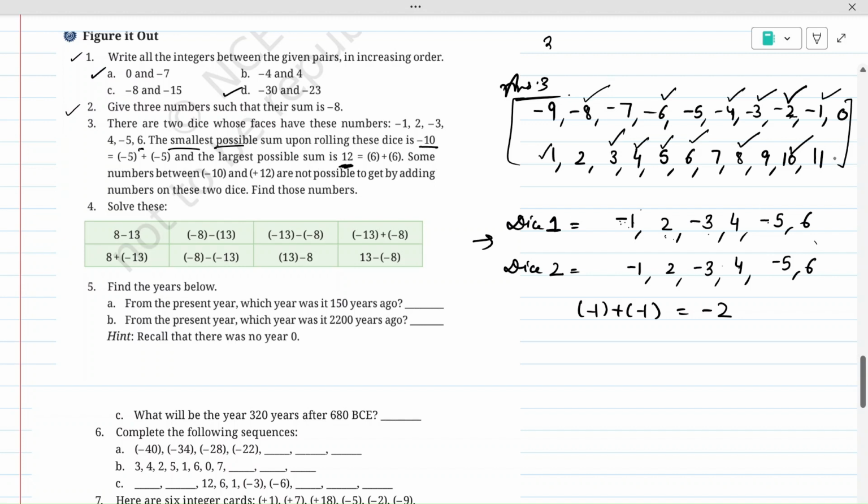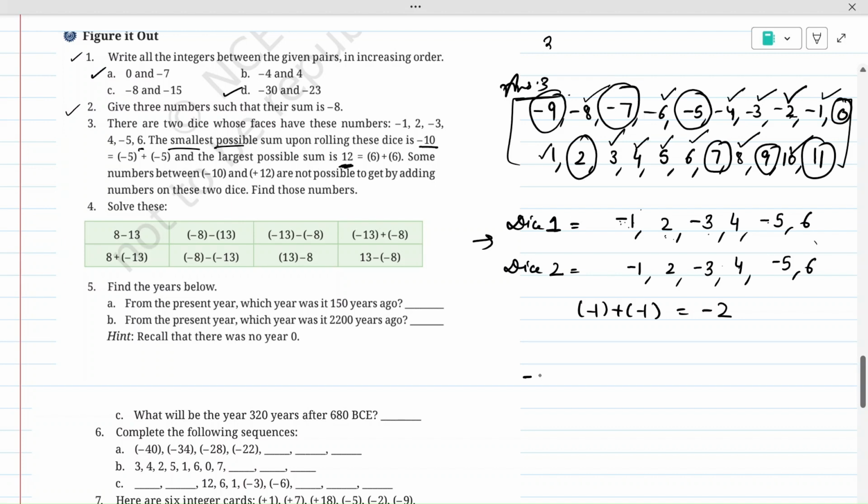So what are the numbers which we are not getting here are, I'm circling them, minus 9. This combination never came. Minus 7. Minus 5. It also didn't appear. 0, 2, 7 and 9 and 11. So these are the numbers.